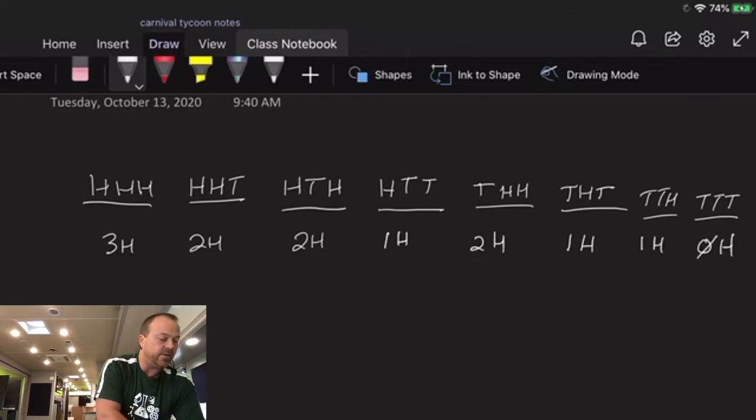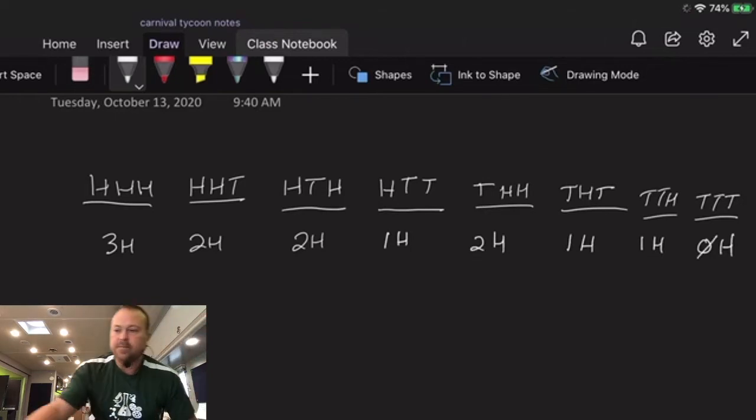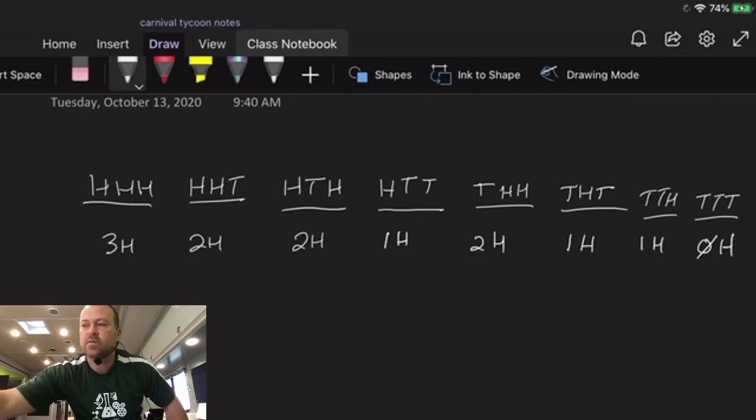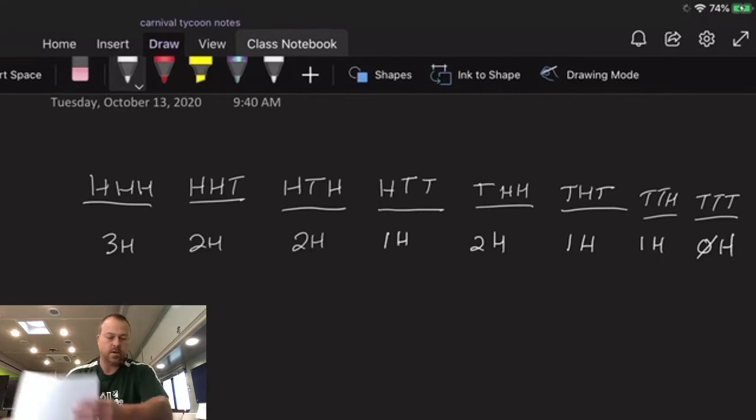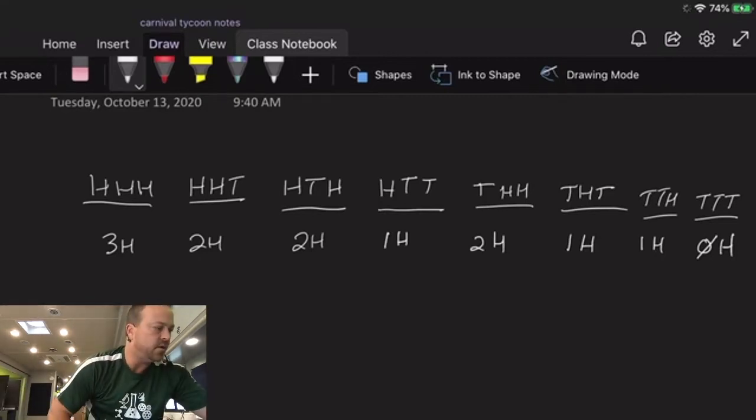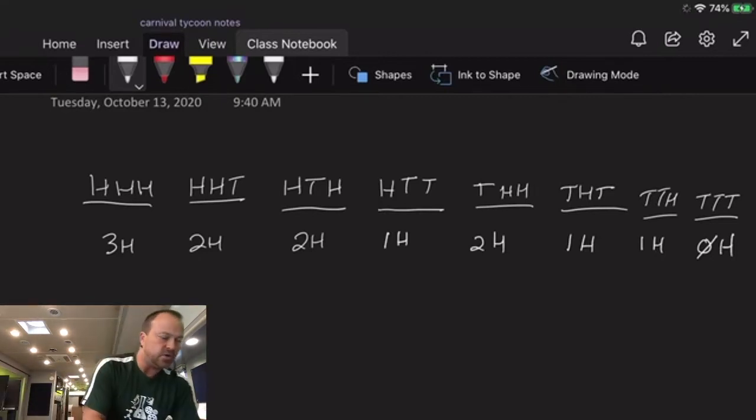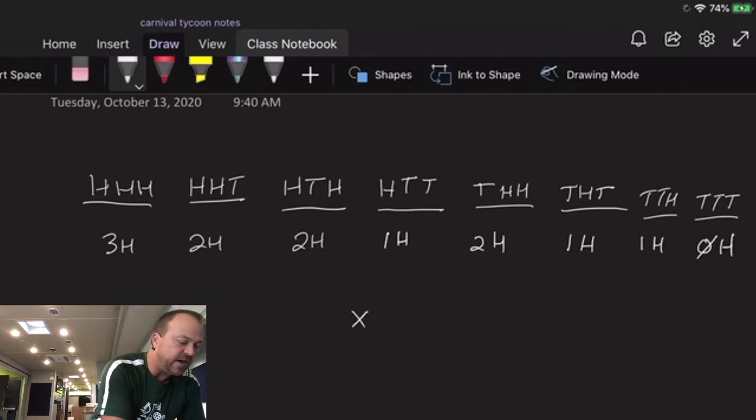Okay. All right. So we're looking at what the likelihood of getting a certain number of heads is for this probability distribution. And here's how we record this. We call these outcomes x, lowercase x. All of these different outcomes that we could get here.